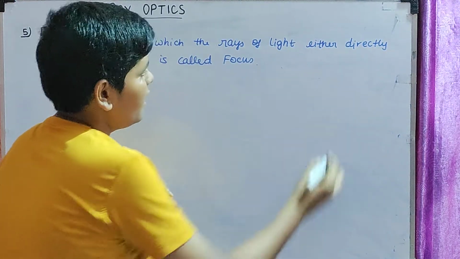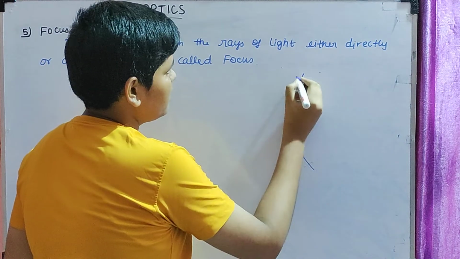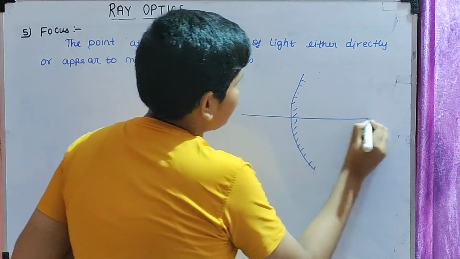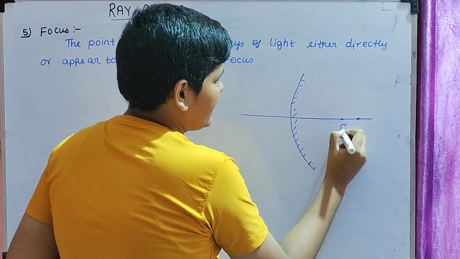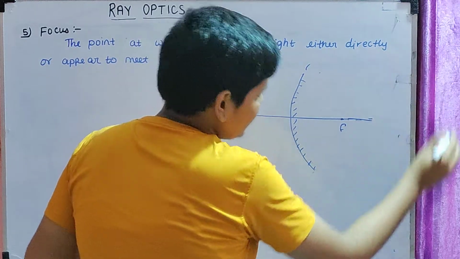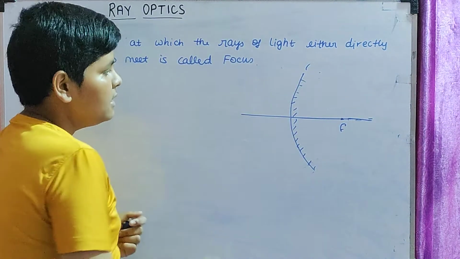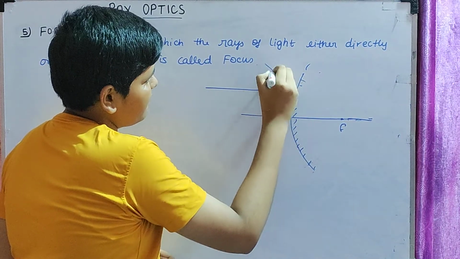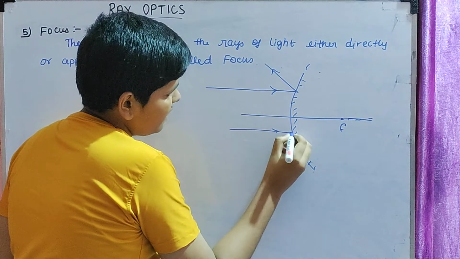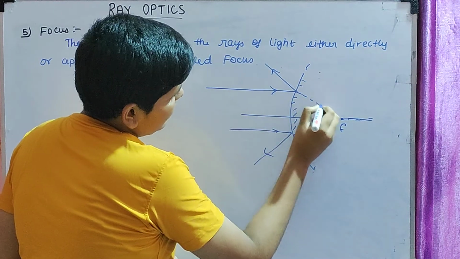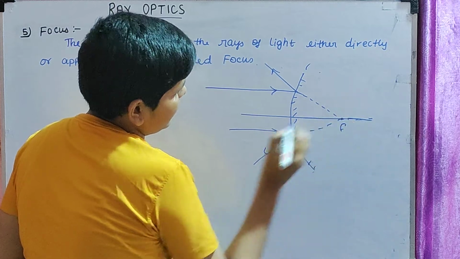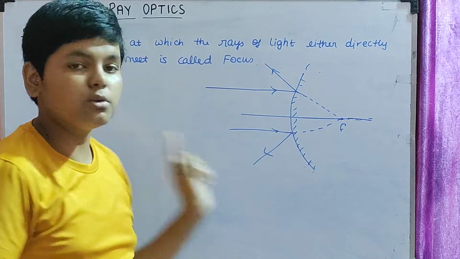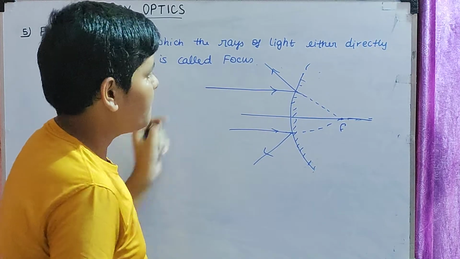For example, we are taking a convex mirror. This is the principal axis. Here the focus will be over here. Why? Because the sphere should be completed this side. So the focus is that side. So the rays, it falls on this and gets reflected. Here also it falls and gets reflected. But it looks like it is trying to go over there. So that is, they appear to meet to the focus. Here they do not meet actually, but they appear to meet.